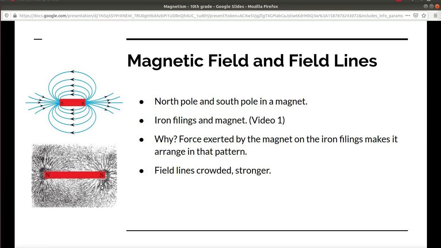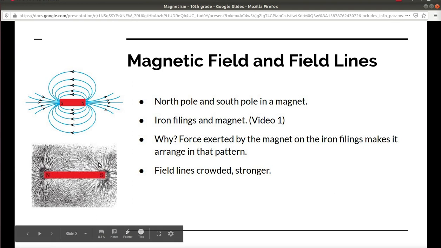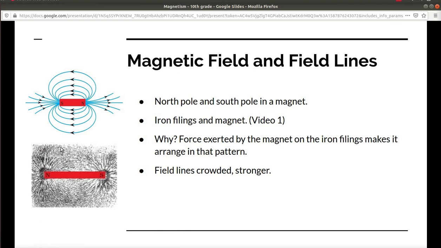Okay, now why does this happen? It is because of the force exerted by the magnet on the iron dust, which makes it arrange in this pattern. So the force is exerted such that the iron dust will form this pattern. Okay, and you remember how in the edges the iron dust was a lot more. That is because of the field lines.